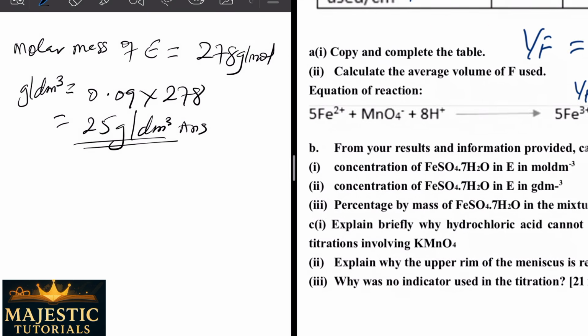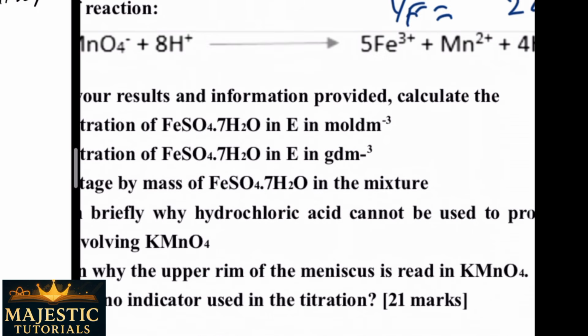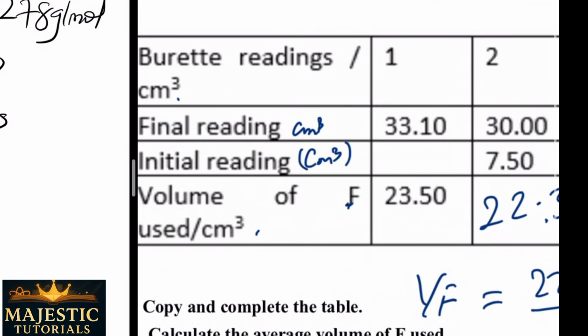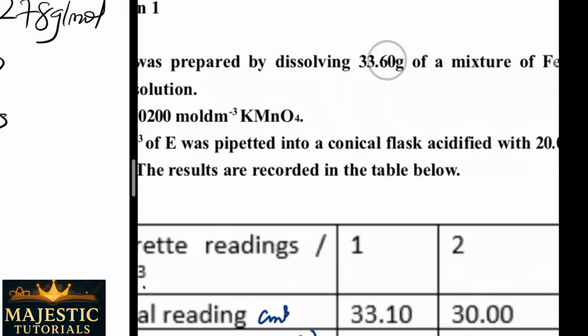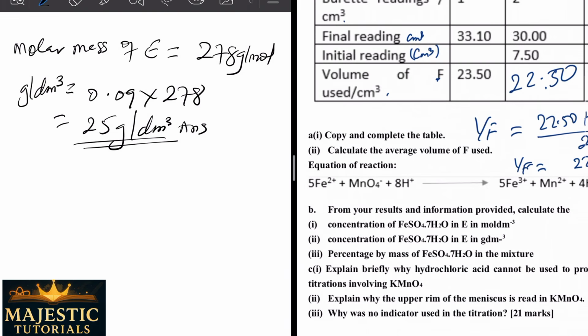The next question says the percentage by mass of iron 2 sulfate heptahydrate in the mixture. Remember, that's where you now see the number here. This is where this number will work. 33.60 is both the iron 2 sulfate and sodium chloride. So they are now asking us the percentage by mass of the iron 2 sulfate. Simple.